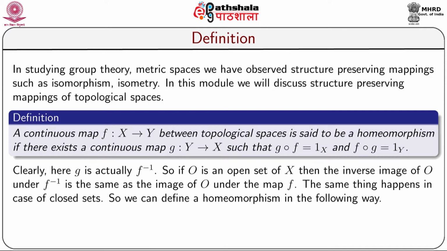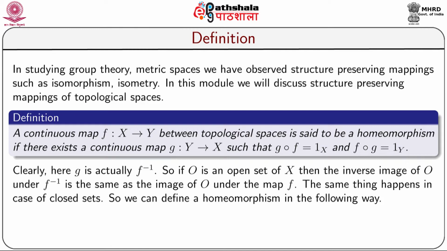That means there exists a continuous function g from Y to X such that g compose f is equal to the identity mapping on X and f compose g is equal to the identity mapping on Y. That means f transforms X continuously to Y and g pulls back Y continuously to X. Clearly, here g actually is f inverse.